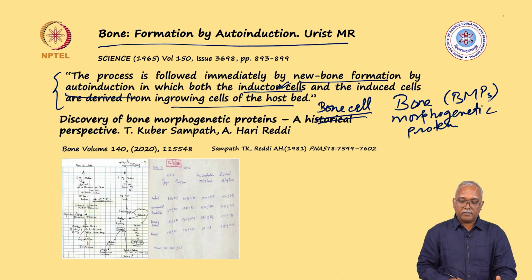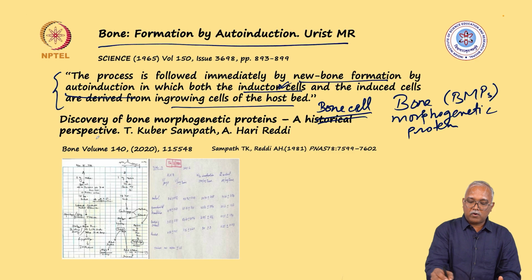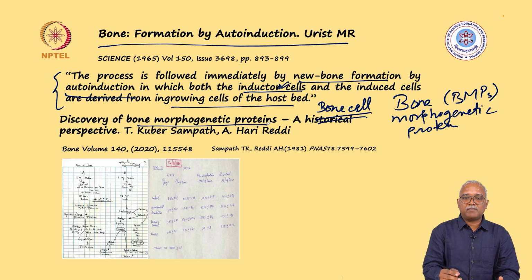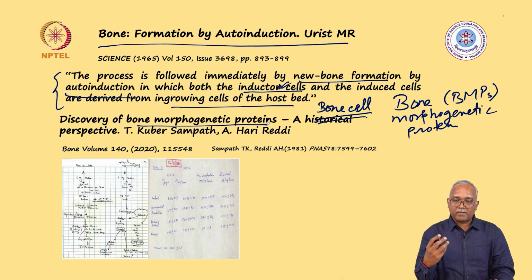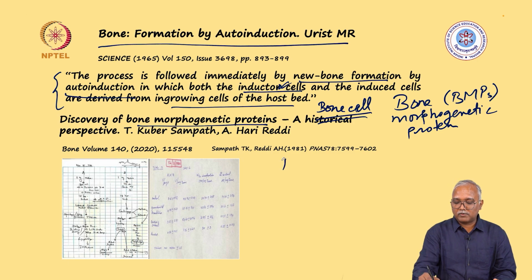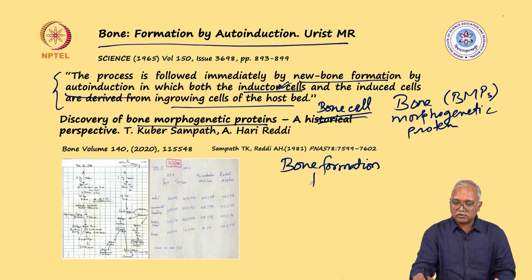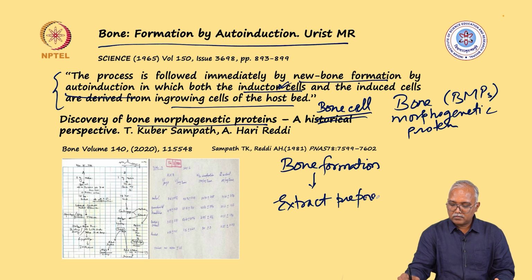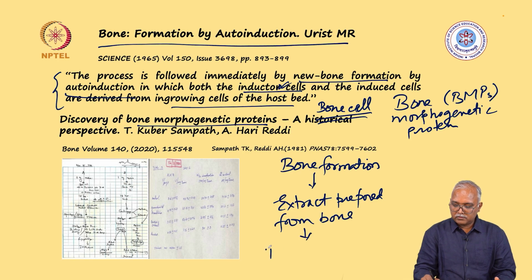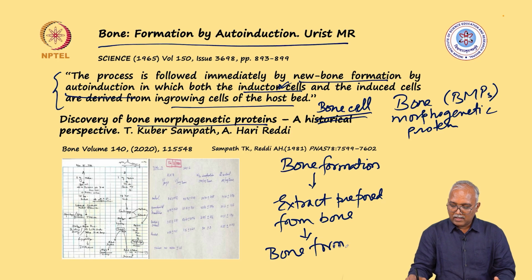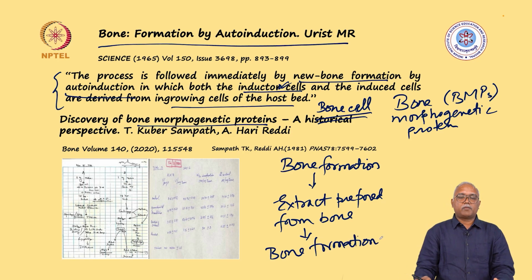Early reports from different groups suggested that bone morphogenetic proteins can be prepared by crushing the bone, preparing an extract from there and putting this extract into a new system where it will induce bone formation. So there are some regulatory cues in the extract which is prepared from bone, and this can induce bone formation at a new location, sometimes referred to as an ectopic location.